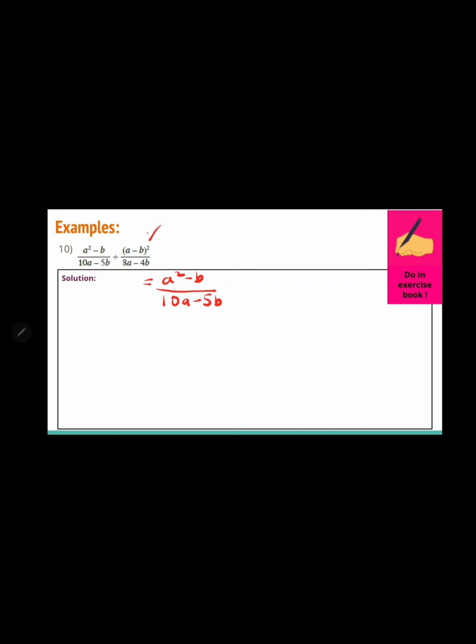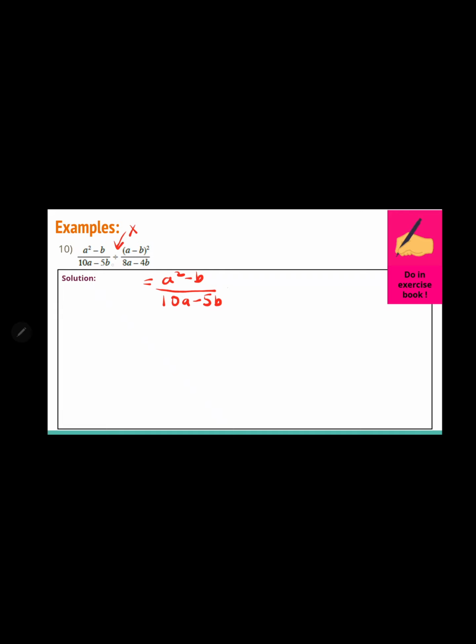Instead of 8 minus b here, we change it to this one, easier. Change like this. Here, change this to multiply.